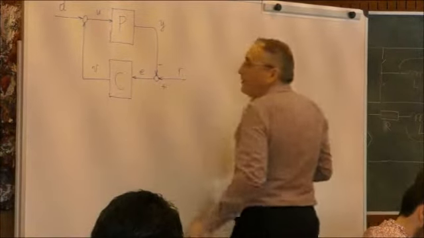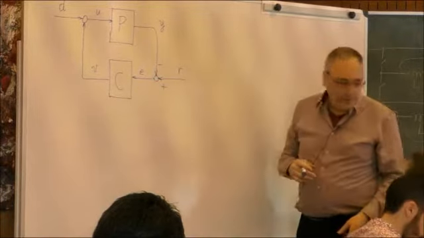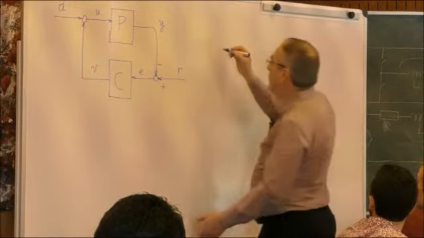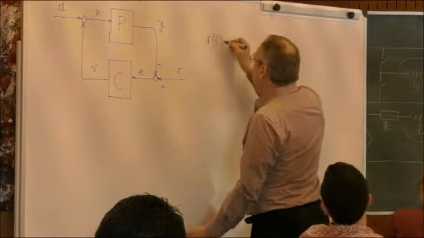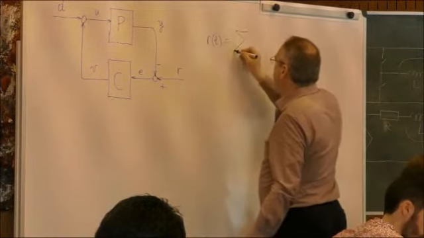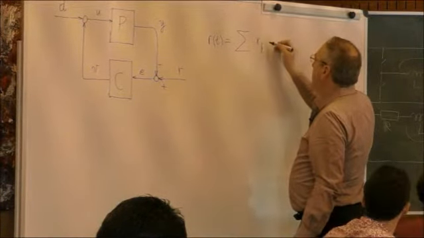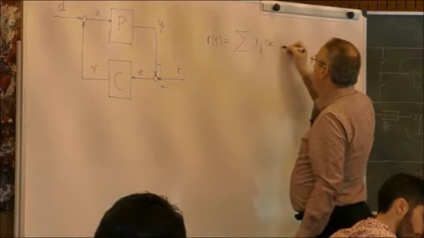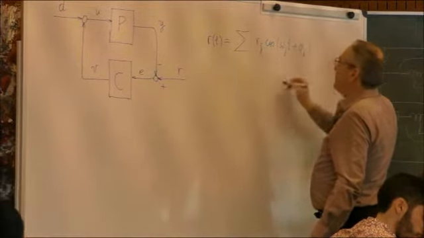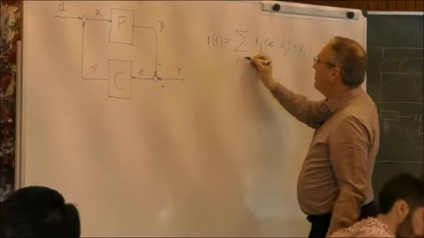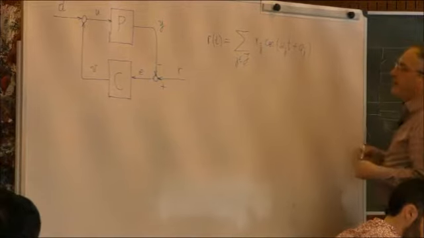Okay, and now let's suppose that in the standard feedback interconnection, R(t) is a finite superposition of R_j cosine of omega_j t plus phi_j, where j belongs to some index set, capital J.